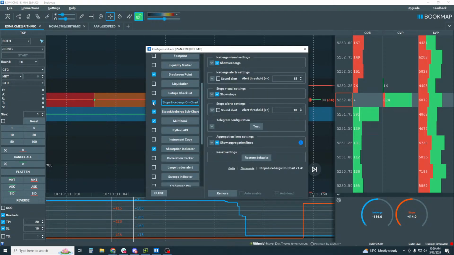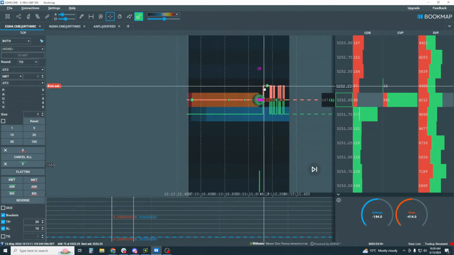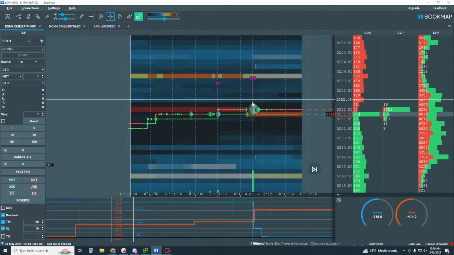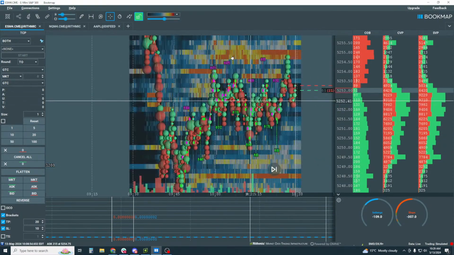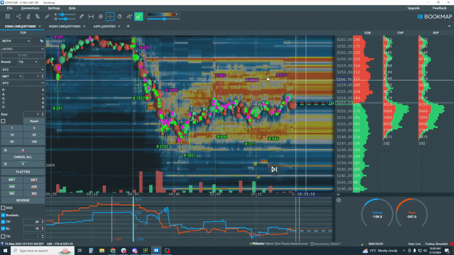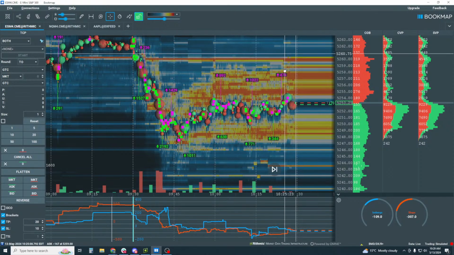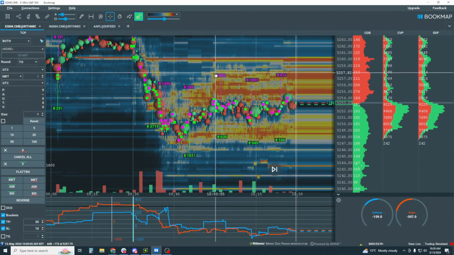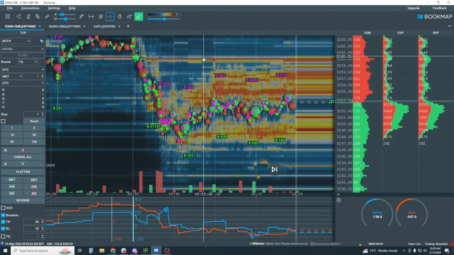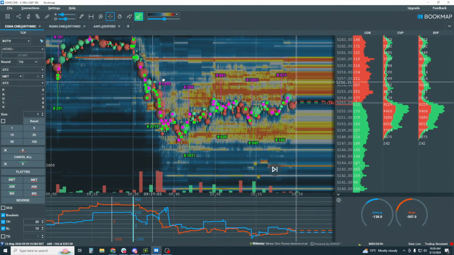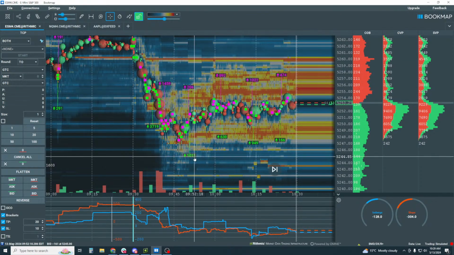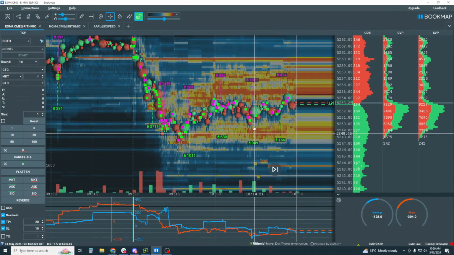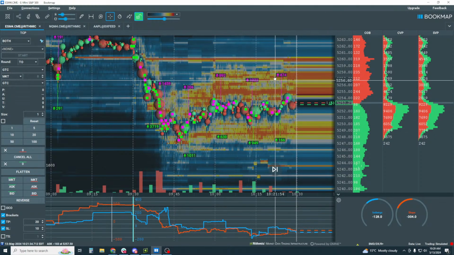All right, so I'll take stops and icebergs off and zoom out a little bit. You can even see within the absorption, it's really back and forth right now, guys. Look at it, the absorption on the bid, absorption on the offer, back and forth, back and forth.